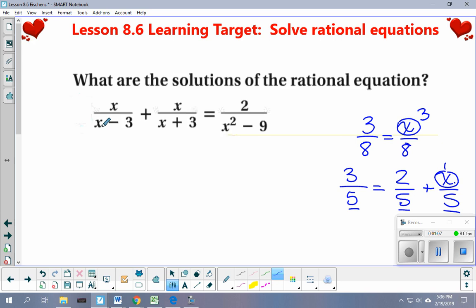So in this rational equation, the first thing we want to do is get common denominators. And if you'll recall, to do that, we begin by factoring wherever we can in the denominator. So that would be x minus 3, x plus 3, because it's the difference of 2 squares. So let me rewrite this so we have a little bit of room here.